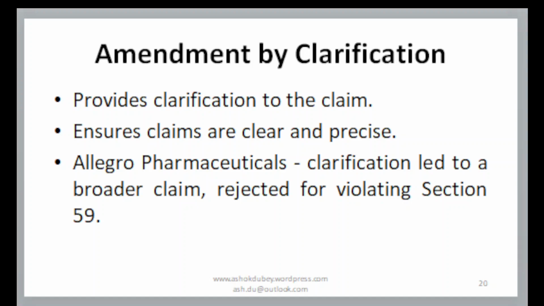And this amendment by clarification ensures claims are clear and precise. In Allergo Pharmaceuticals, clarification led to a broader claim and was rejected because it violated Section 59. This is important, you can remember Allergo Pharmaceuticals.